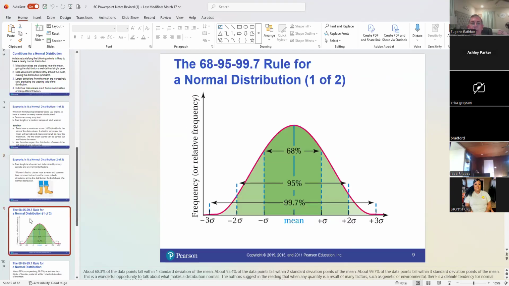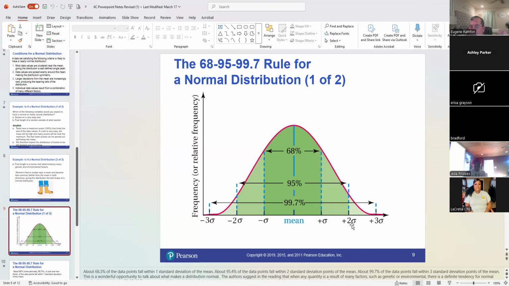All right, so you're looking at a picture of a normal distribution. Now, on the bottom, let me explain what these mean. You see the mean is the middle on that horizontal scale on the bottom. To the right, that is plus sigma, which is one standard deviation.